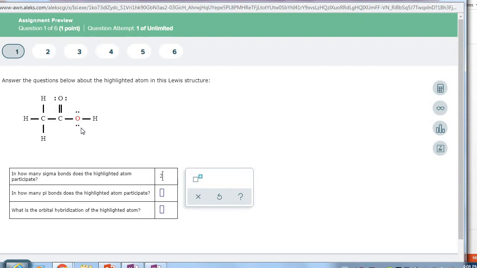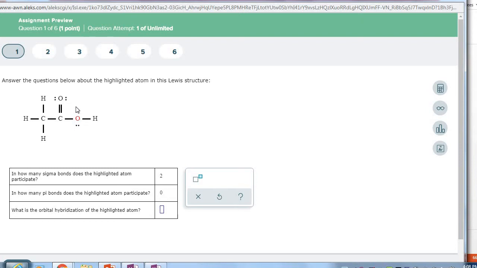Now, do we see any pi bonding? Any double bonds associated with that oxygen? We do not see any, and so in this case there are going to be no pi bonds that we have to worry about. Then it's asking us, what is the orbital hybridization of the highlighted atom? Well, we have 4 electron groups around there.